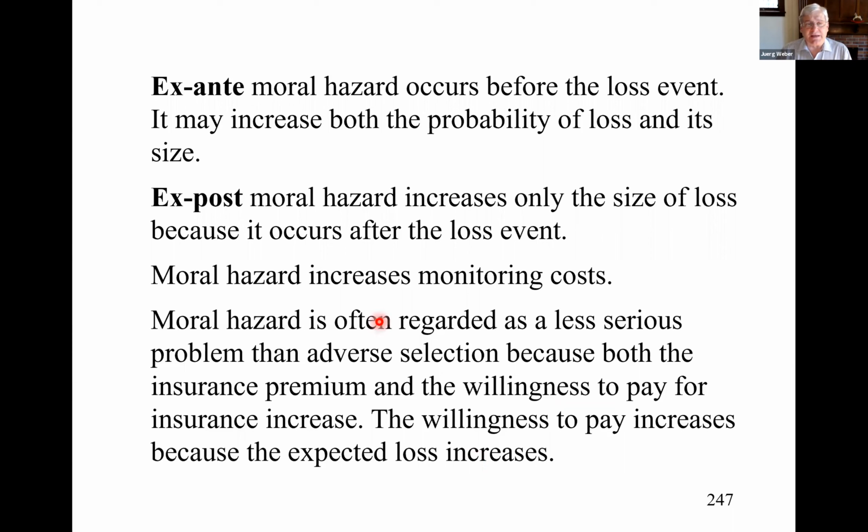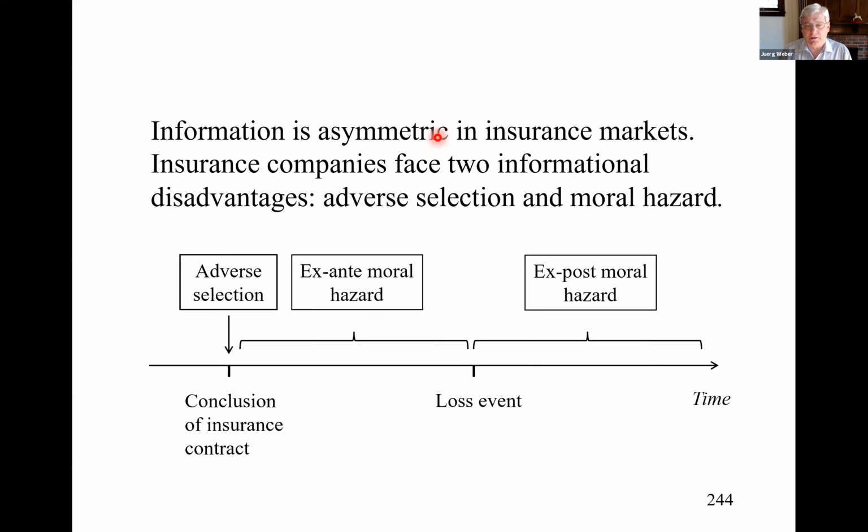So here's the ex ante moral hazard, so moral hazard before the loss event. It may increase both the probability of a loss and the size of the loss. Before the loss event, the behavior of the insurance buyers may change in a way so the probability of a loss increases and also the size of the loss increases.